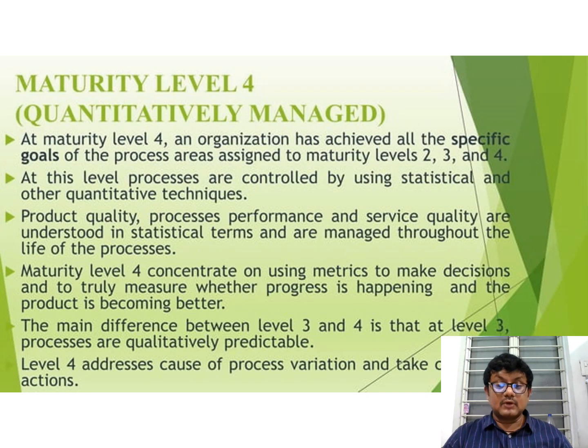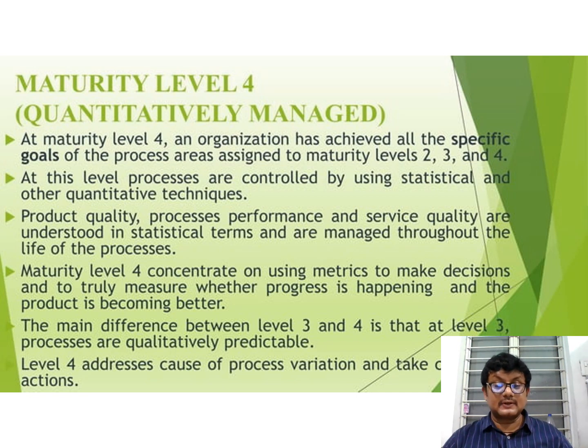Maturity level 4, quantitatively managed. At maturity level 4, an organization has achieved all the specific goals of the process areas assigned to maturity levels 2, 3 and 4. At this level, processes are controlled by using statistical and other quantitative techniques. Product quality, process performance and service quality are understood in statistical terms and are managed throughout the life of the process.